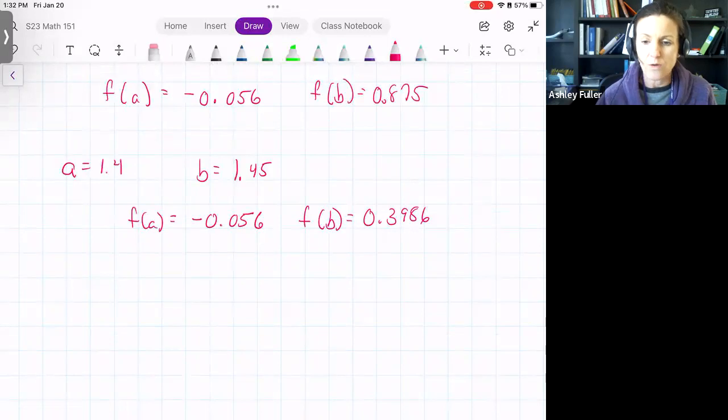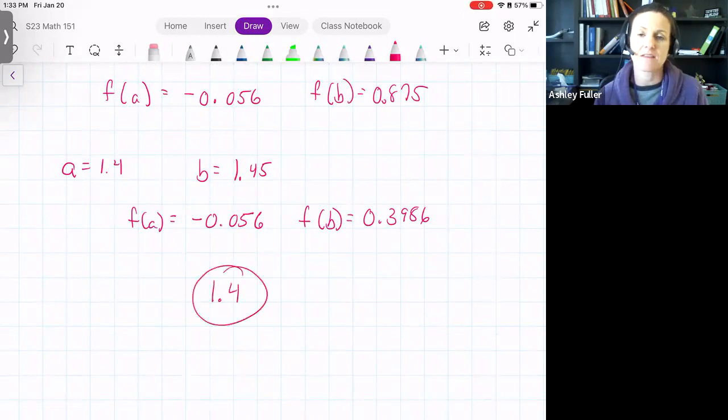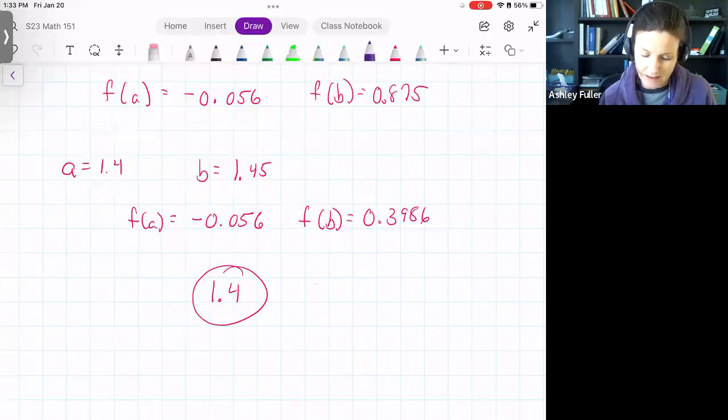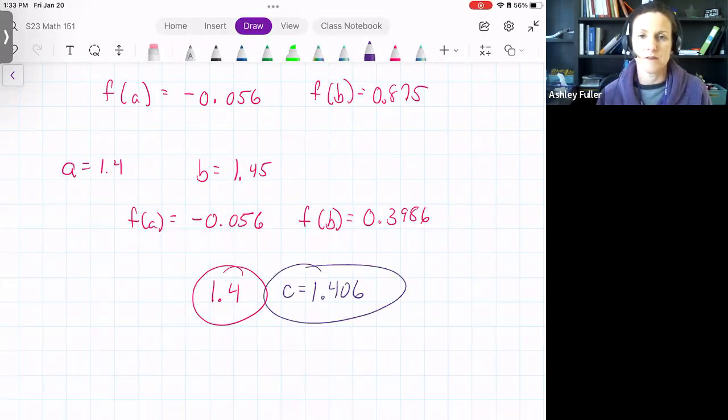So we know that there has to be a 0 between 1.4 and 1.45, which lets us approximate, at least to a tenth, that the 0 is close to 1.4. And in fact, if we were to graph this, you will find that 1.406 is the actual 0 of the equation.